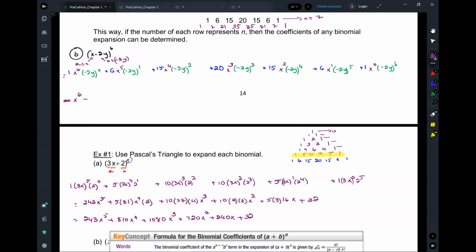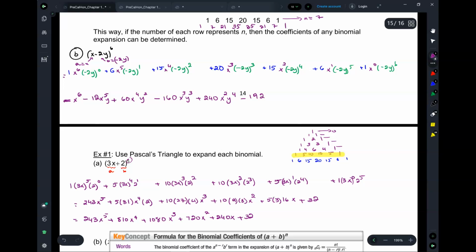Okay? So minus 12x to the 5 y, plus 60x to the 4 y squared, minus 160x cubed y cubed, plus 240x squared y to the 4th, minus 192xy to the 5th, plus 64y to the 6th.